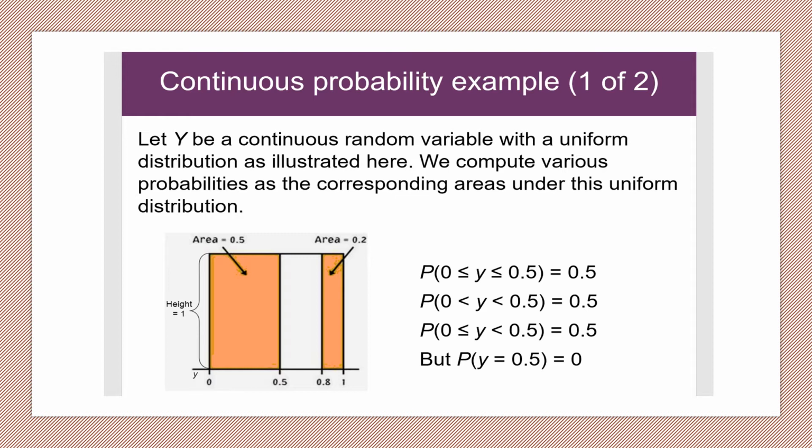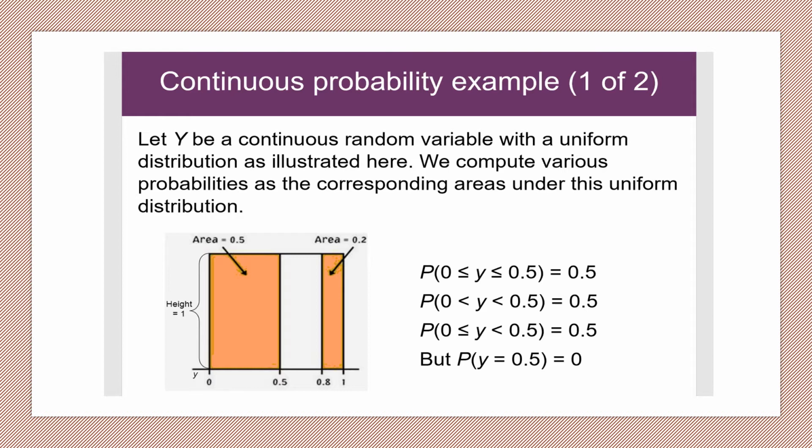If you're interested in finding the probability between 0 and 0.5, it is the first shaded region, which is the area of the rectangle, which will be 0.5. And if you're trying to find the probability between 0.8 less than y less than 1, that will be the small area shaded, which is 0.2.